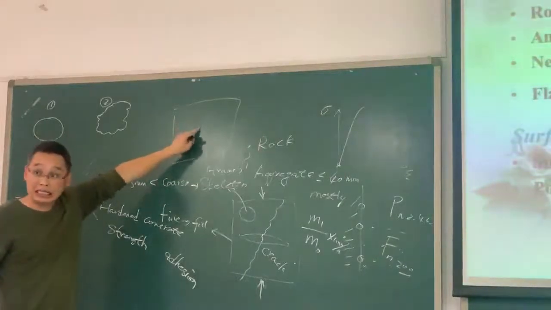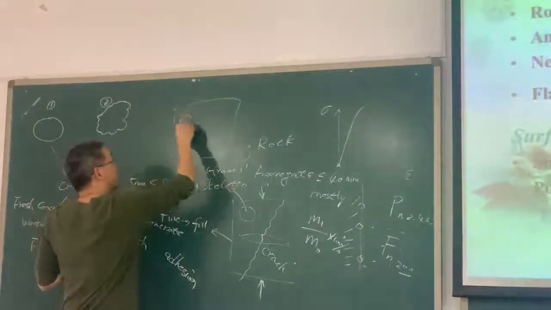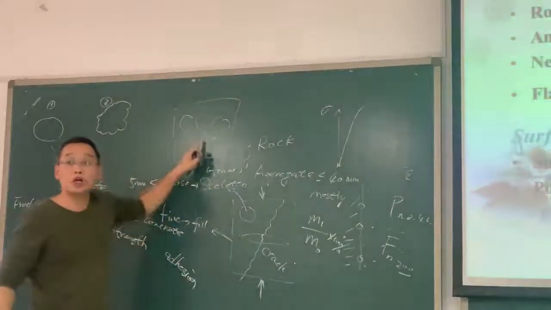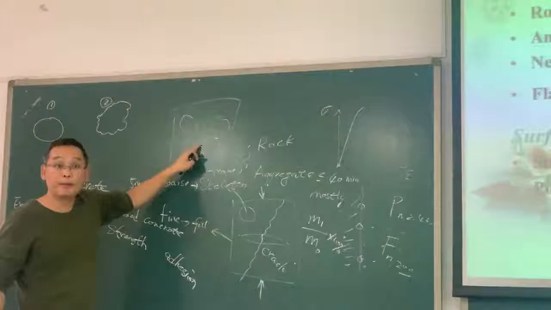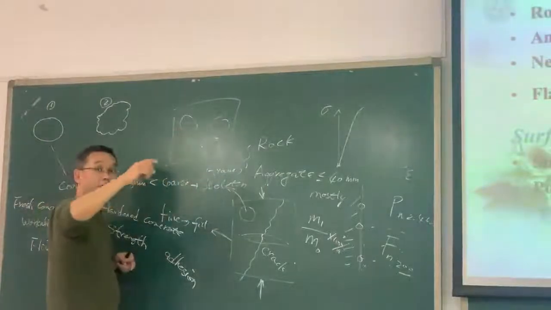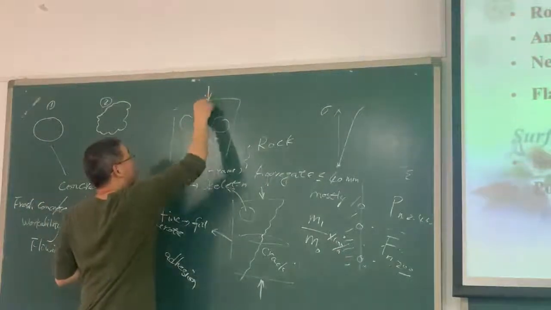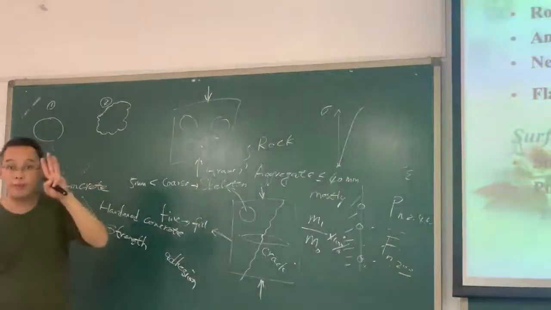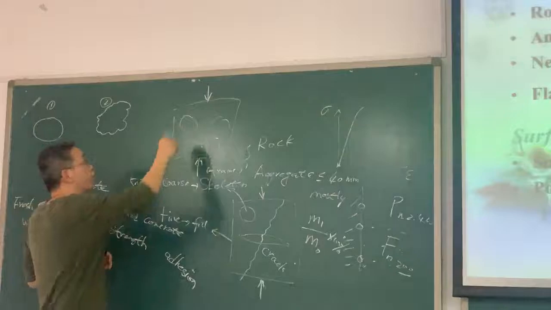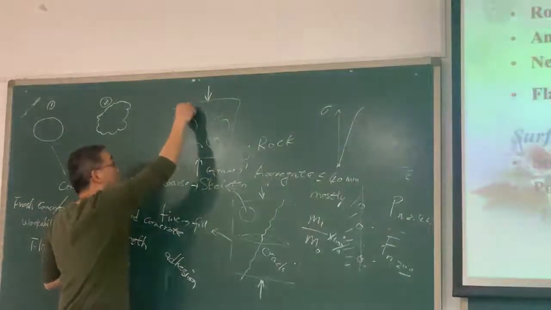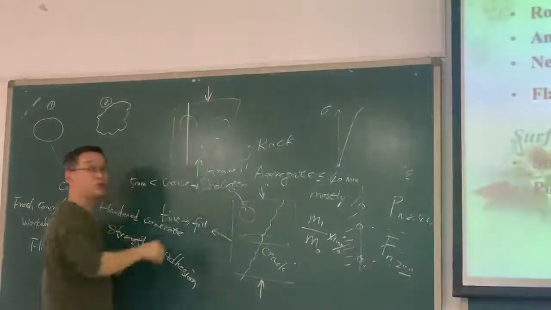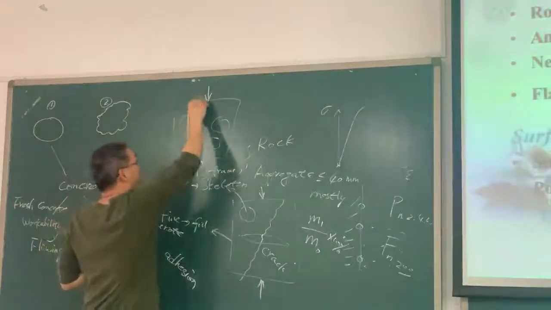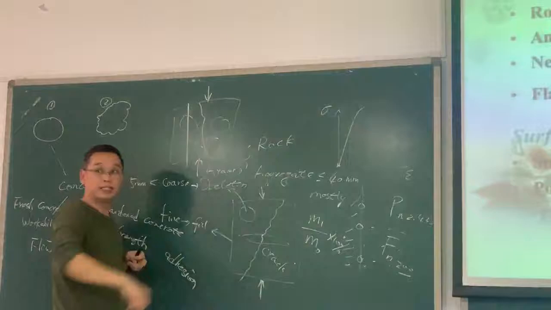This is the concrete. This is the coarse aggregate. And how about damage of it? There are three kinds of damage. The first one, the cracks get through the aggregate. The second one is through the cement paste.